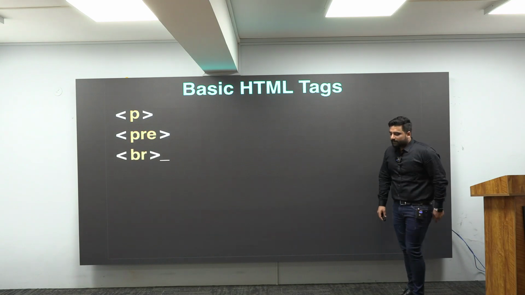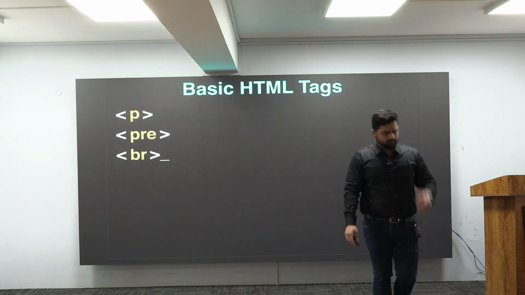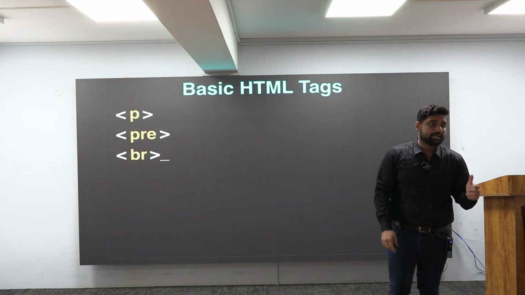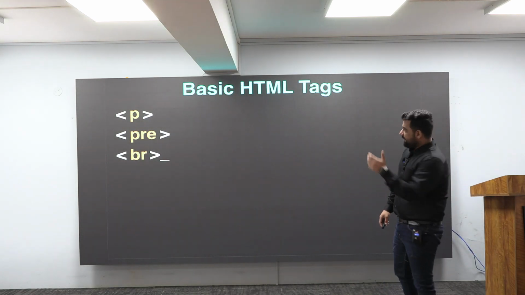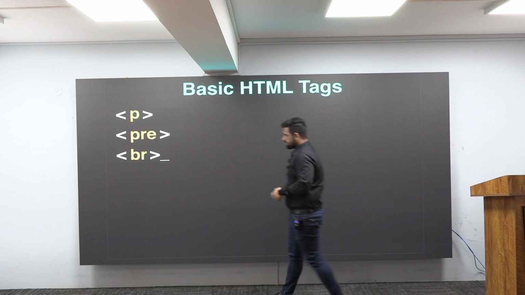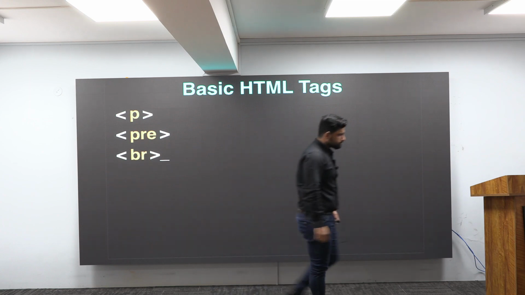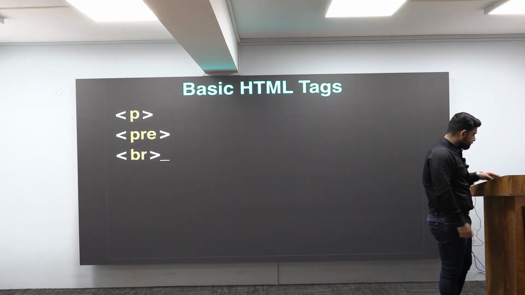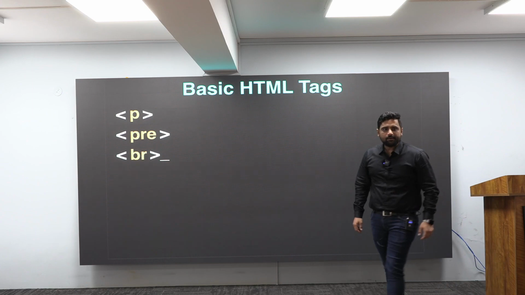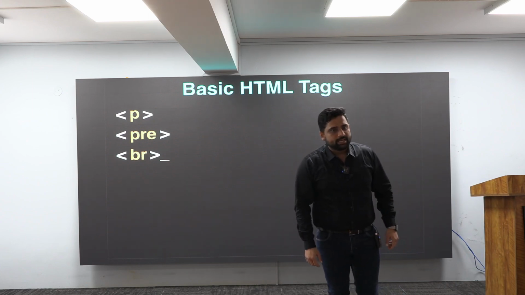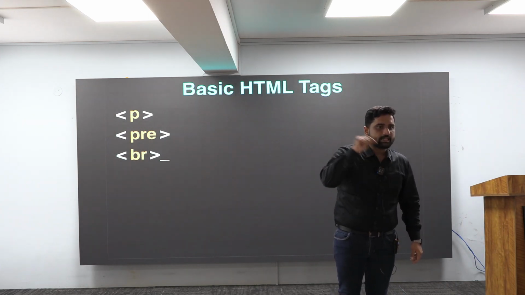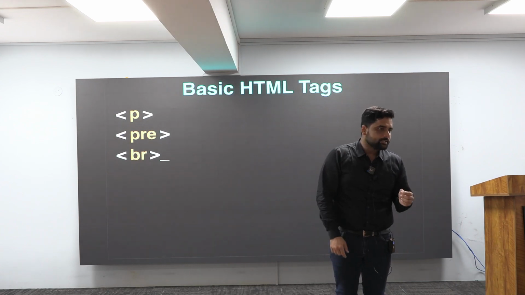Now, one more tag we are having. What is that? BR tag. This BR tag, is it paired or unpaired? Unpaired. What is the use of this? Break. If I want to place my content in the next line, that time we have to use BR.